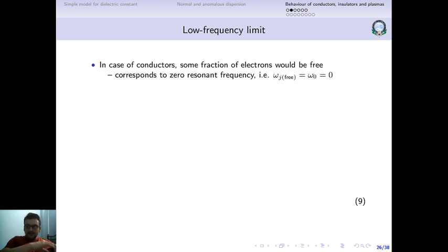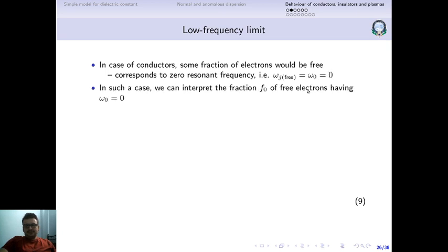In other words, the time period of oscillation for a free particle will be infinity. Frequency is the inverse of the time period, so if the time period is infinity, its frequency must be 0. That's why free particles correspond to zero resonant frequency, so omega naught is equal to 0. Then we can interpret this as having a fraction f naught of free electrons.